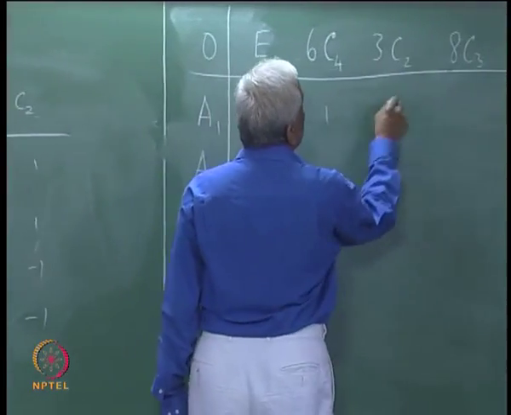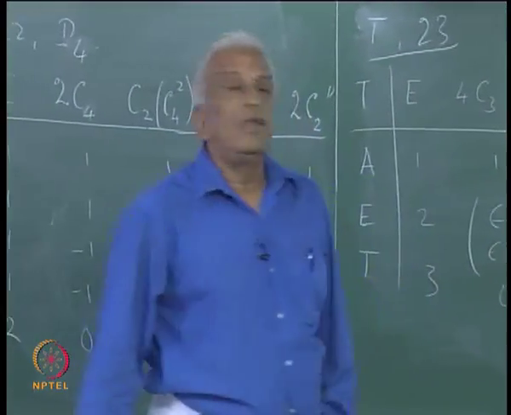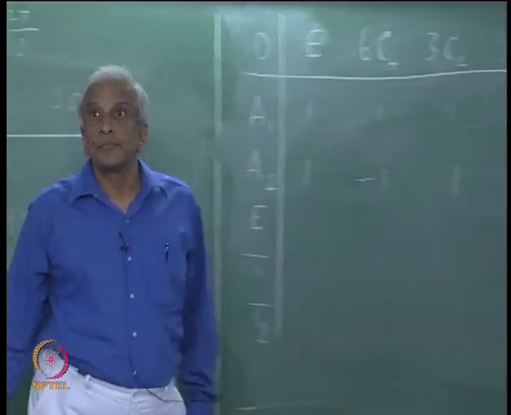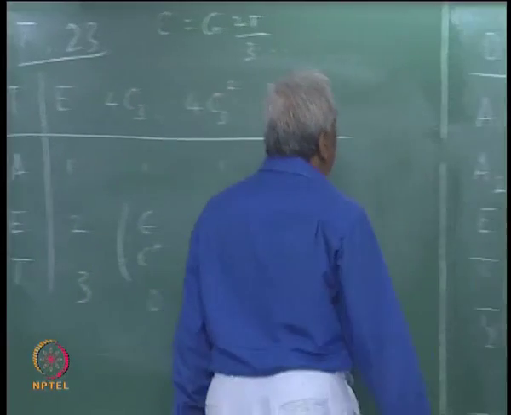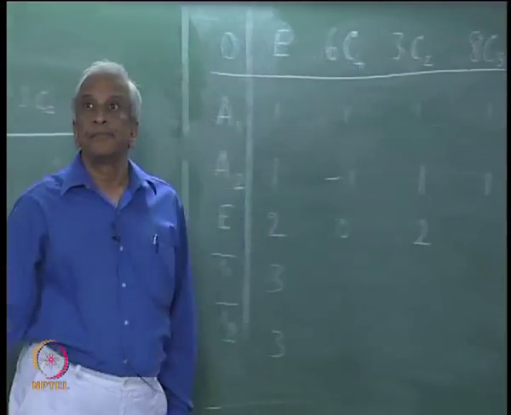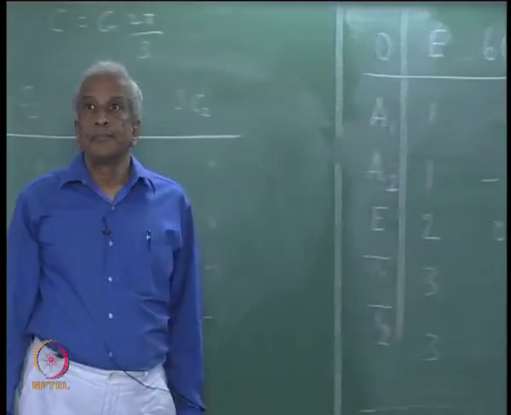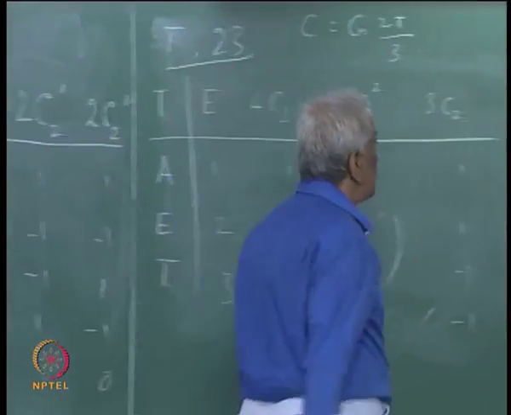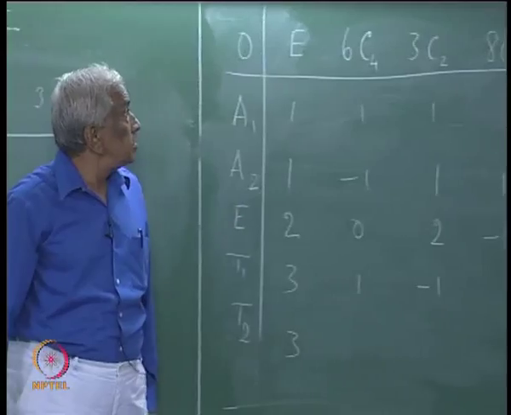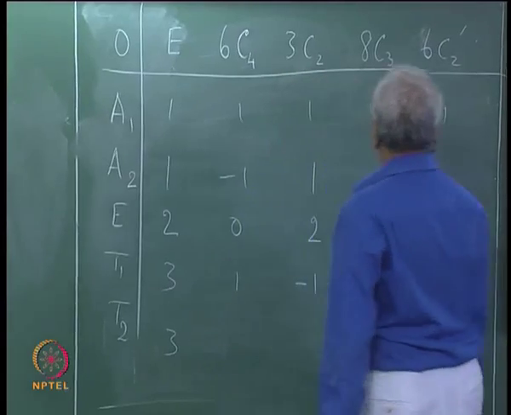So, this will have the characters 1 1 1 1 1, and then you will have 1 minus 1 1 1 minus 1, then you will have 2 0 2 0 2 to satisfy orthogonality, and the 3 dimensional rotation representations will have 3 1 minus 1 and then 0 minus 1.